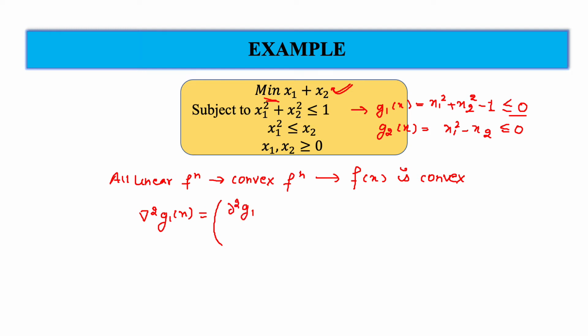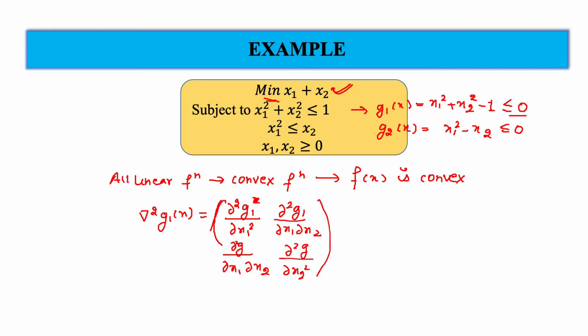So here I find the Hessian matrix, which is the double differentiation of the function. Differentiating the first constraint, it will be 2 0 0 2.